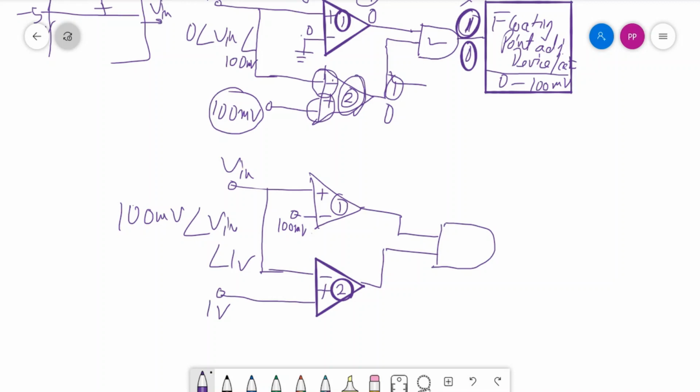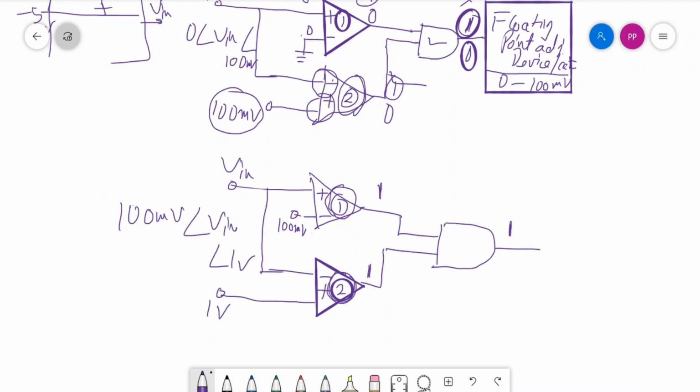Here you can see that as soon as the voltage is greater than 100 millivolt, the first op amp will generate a 1 at the output, and as soon as the input to the second op amp is less than 1 volt, the output is generated as 1. So the range will be selected through this selector unit. So that facility we have through the selector switch.